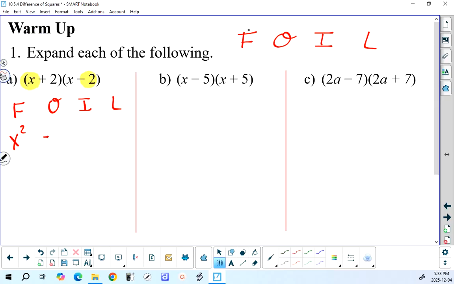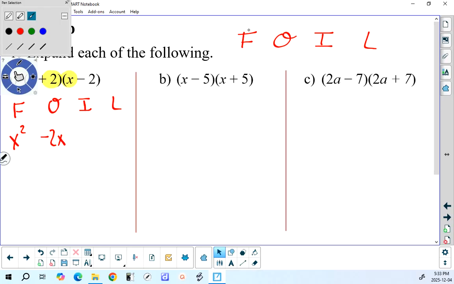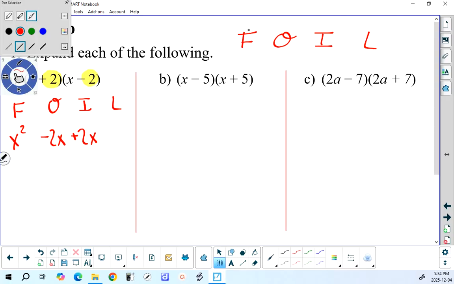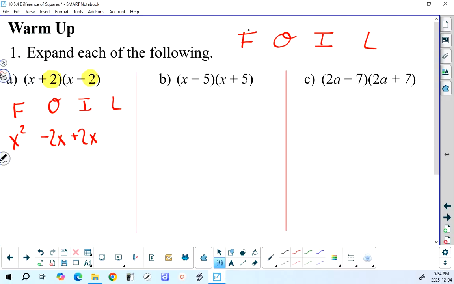And that gives us negative 2x. The inner, of course, is the product of these two terms, which is 2 times x. And that's positive 2x. And then last, of course, is the product of the 2 and the negative 2 in this example. And 2 times negative 2 is negative 4.